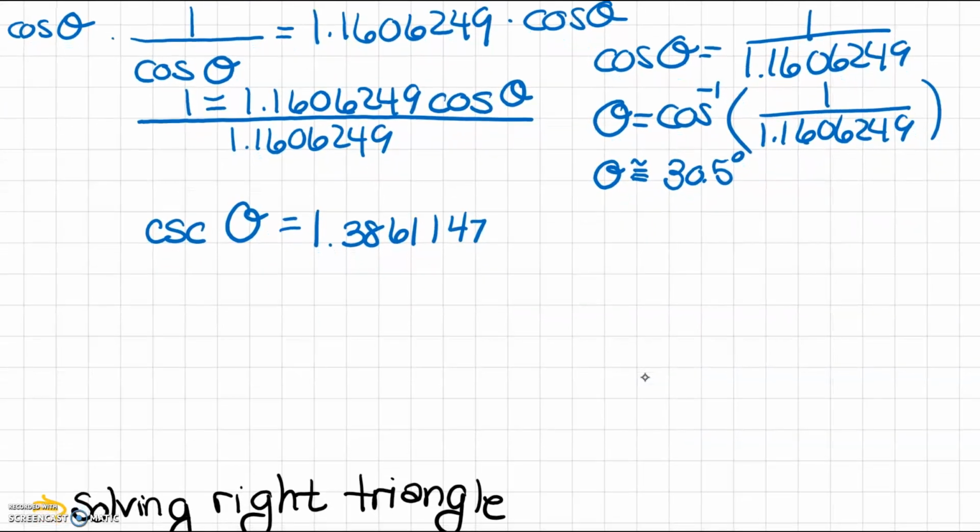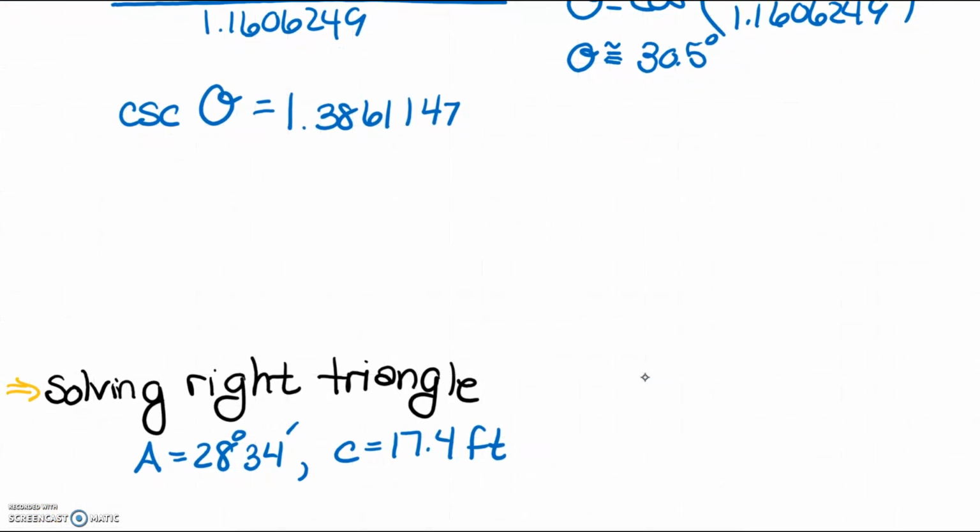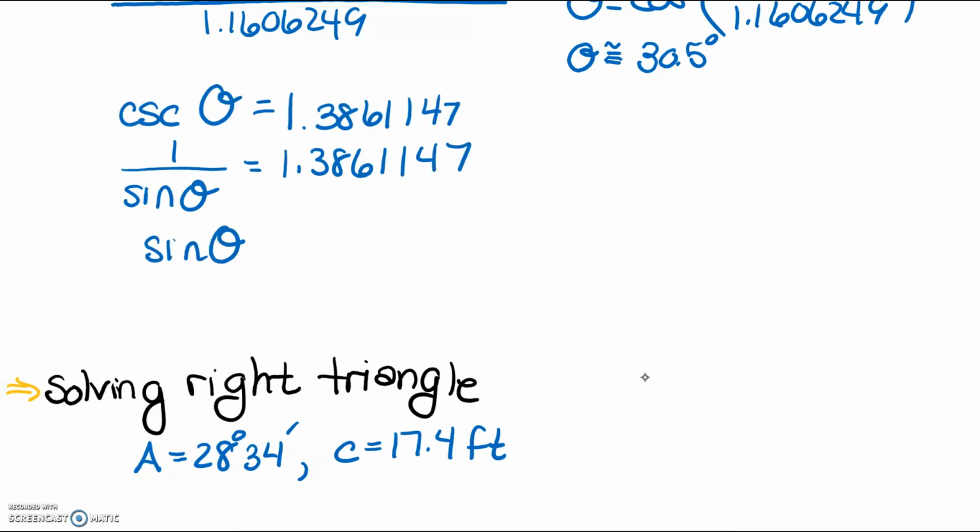So let's go ahead and do the same thing for this next example. We're going to find the cosecant of theta equals 1.3861147, and we want to find that angle. So I know cosecant is 1 over the sine of theta, and when I solve for sine of theta, I'm going to get sine of theta is the reciprocal of 1.3861147. So now I know that when I need the angle, I'm going to use my inverse function.